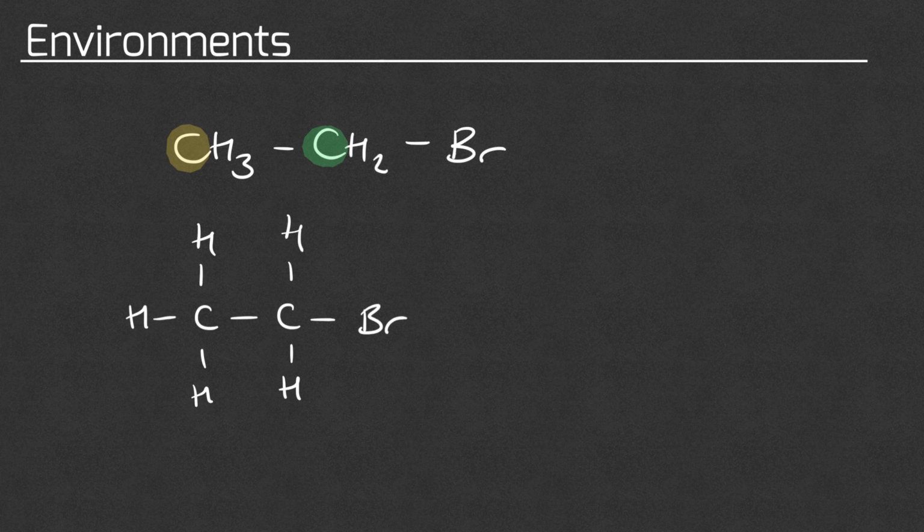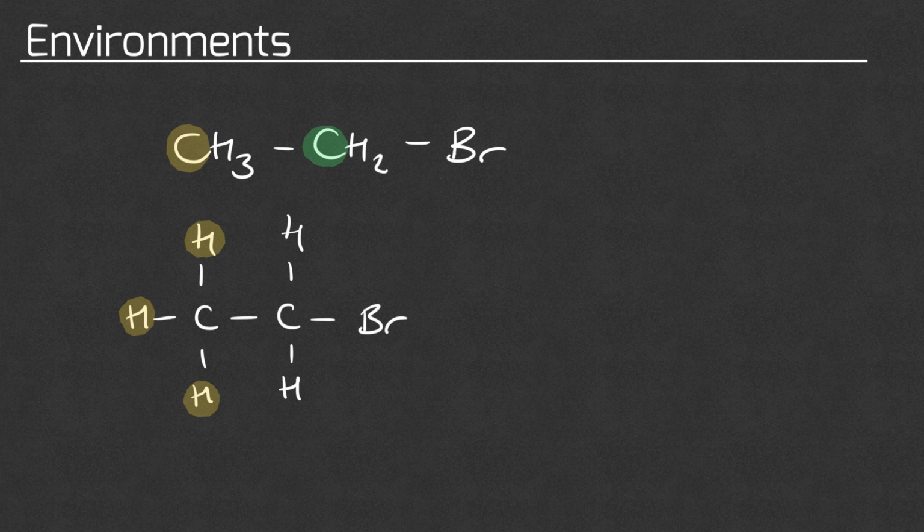We're also looking at hydrogen NMR, so let's now consider the hydrogens in the molecule. Well, all these 3 yellow hydrogens are identical. We've got free rotation of single bonds around an atom, so each of these hydrogens could be interchangeable with each other. And that's a general rule for NMR spectroscopy.